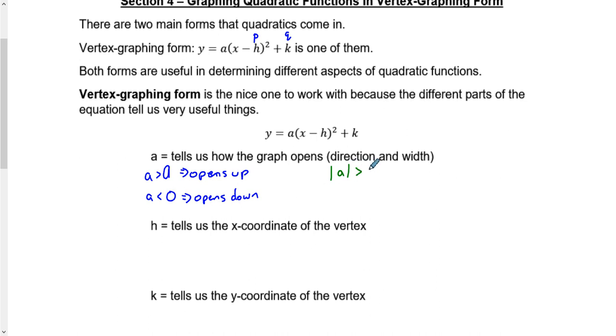If the value is greater than 1, then it's going to be actually quite narrow.